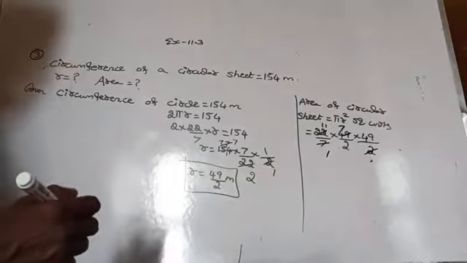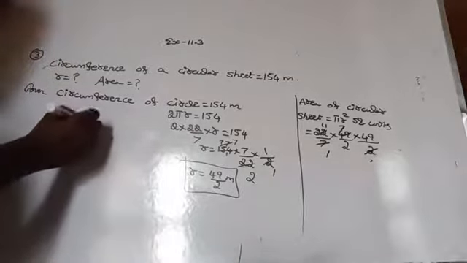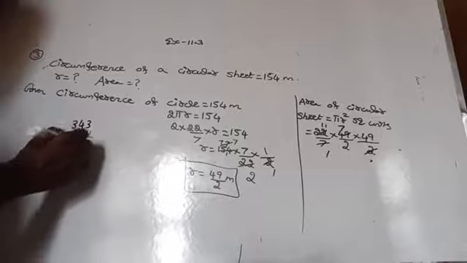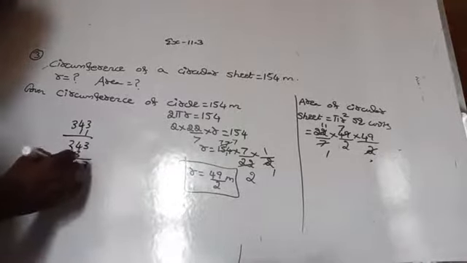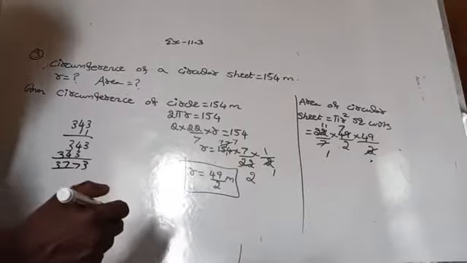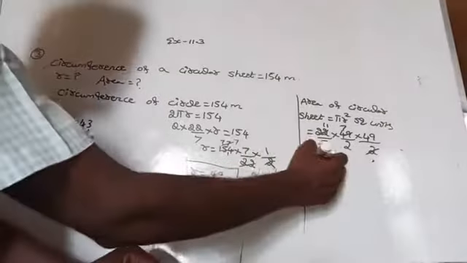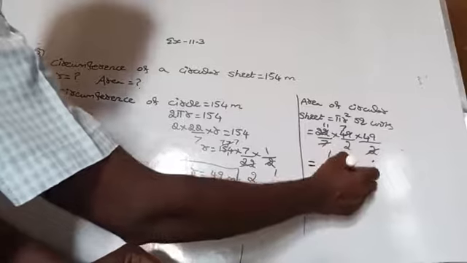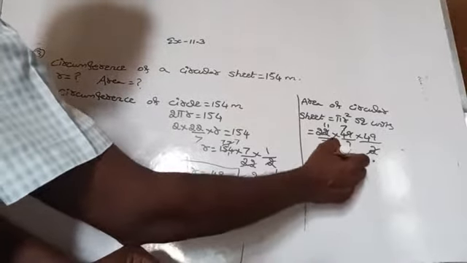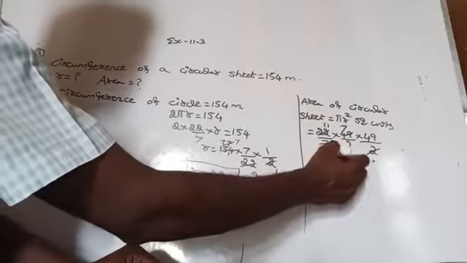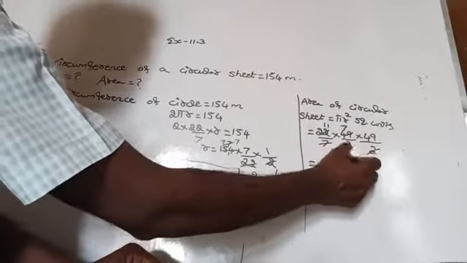So 49 into 7, 343 into 11. I think just now we found the answer for this one. 3773 by 2, which is 1886.5.